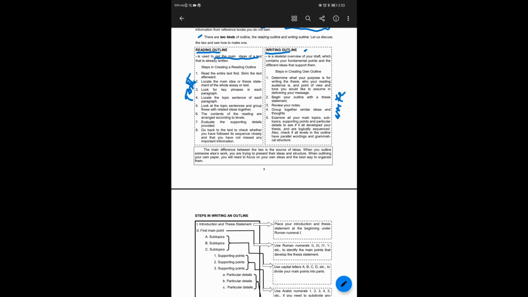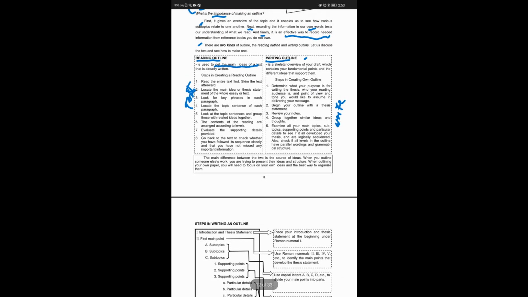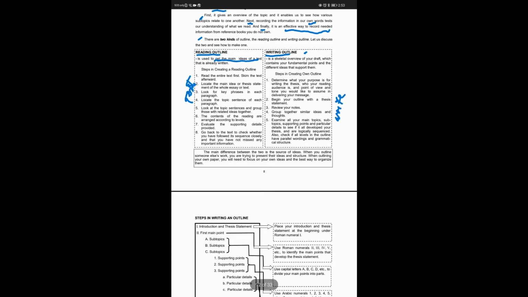Okay? So, what are the things you need to remember when you're making an outline for your own paper? First, determine what your purpose is for writing the thesis, who your reading audience is, and the point of view and the tone you would like to assume in delivering your message.